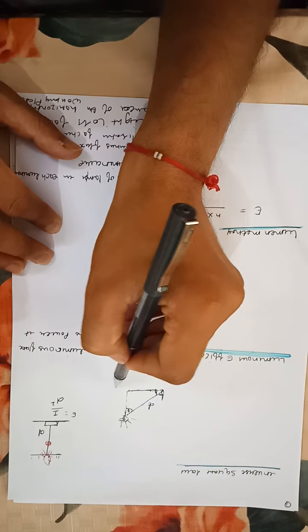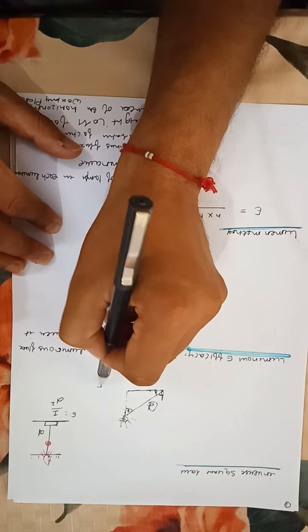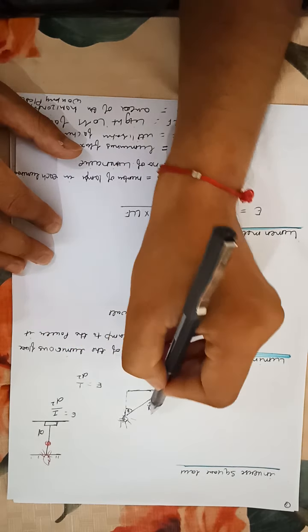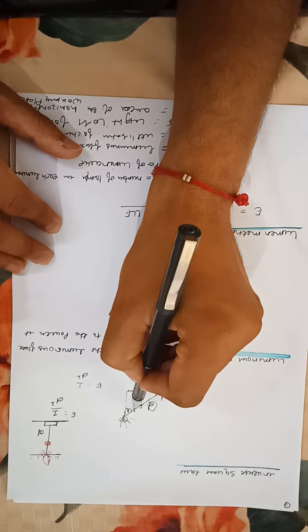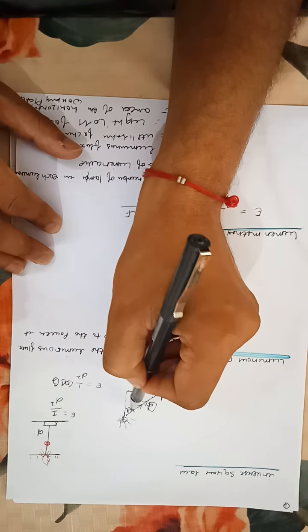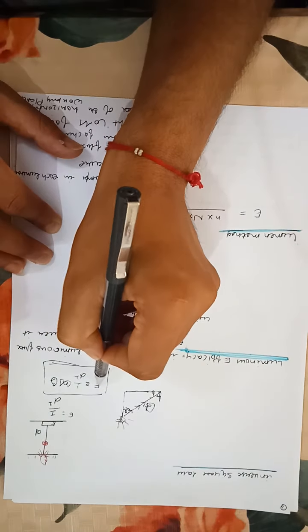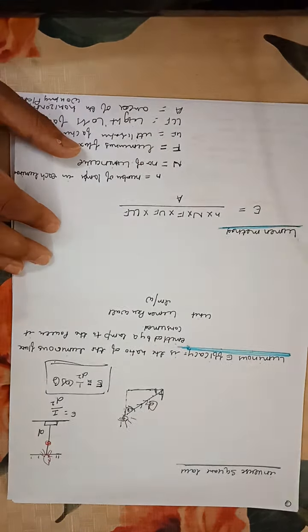We calculate this first, then we put the value I by d square, and if the incident ray is like this, then we add this cos theta. So this is the actual formula: E is equal to I cos theta by d square.